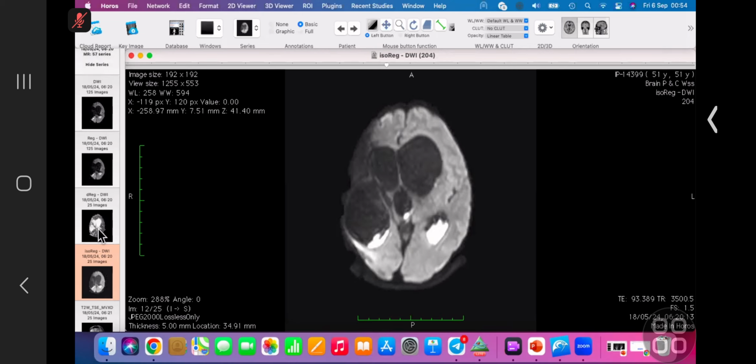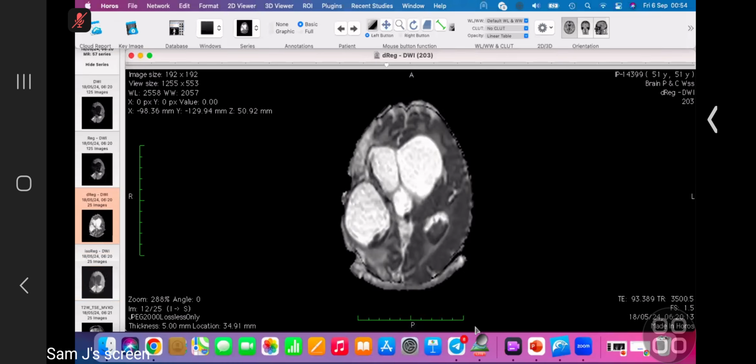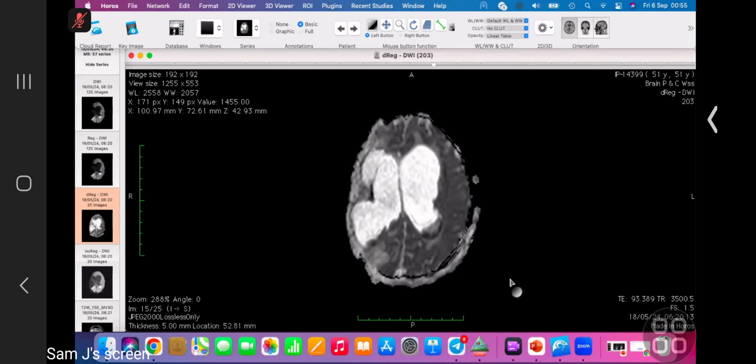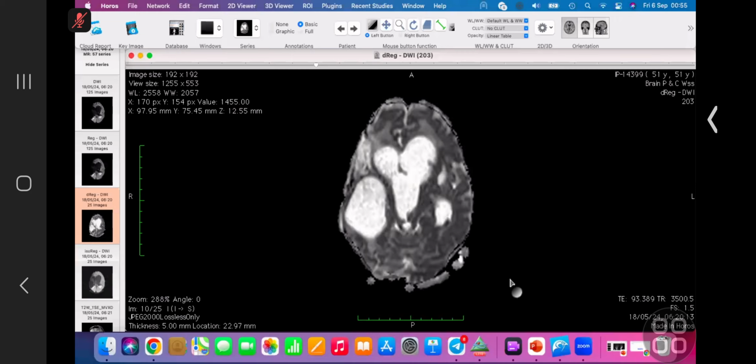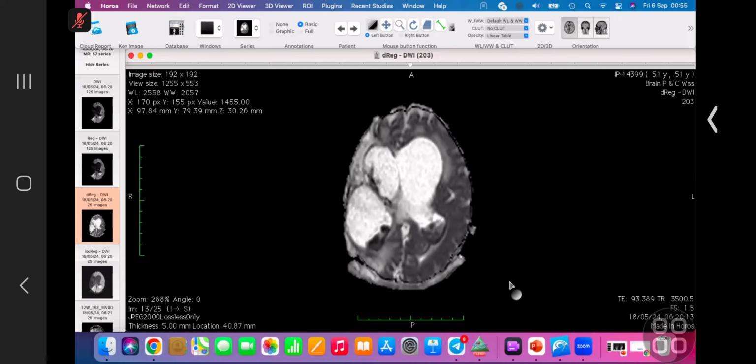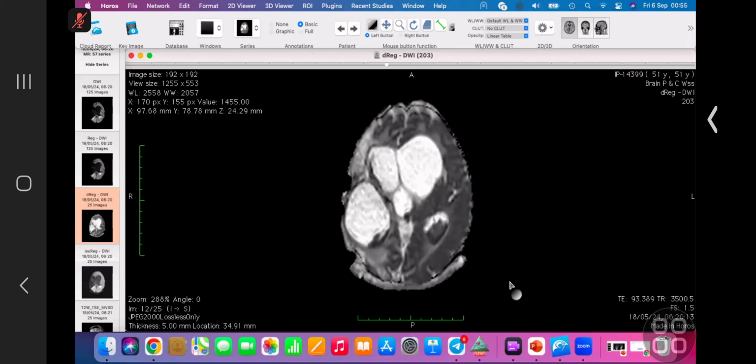Let me just put the ADC for you. So the ADC confirms diffusion restriction in the dependent content in the lateral and third ventricle. Also, it shows a kind of T2 shine through of hyperintense signal in the periventricular area, indicating active subependymal flow.